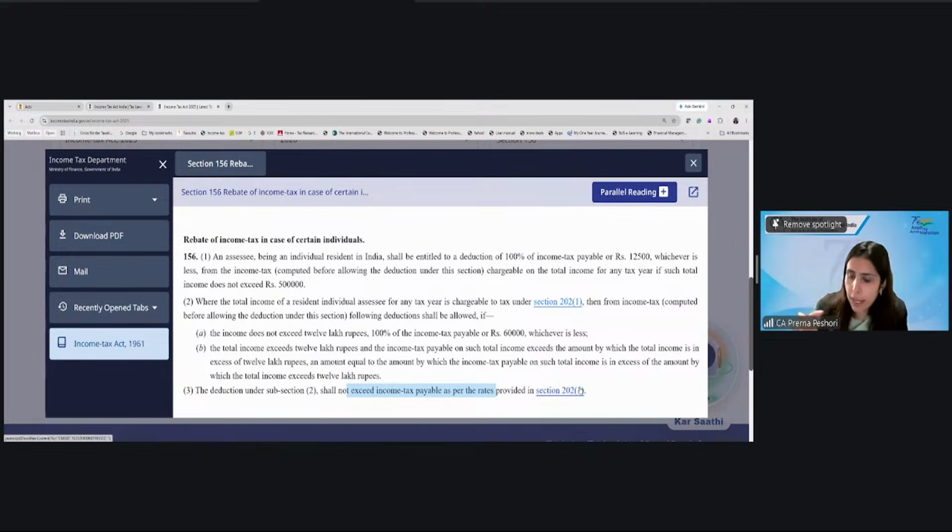So your rebate cannot be more than the tax payable as per the default tax regime. Which essentially means you cannot get a rebate on the income which is taxed at the special rate. For example, LTCG and STCG are taxed at special rates, not in 202, so you cannot claim a rebate on that.